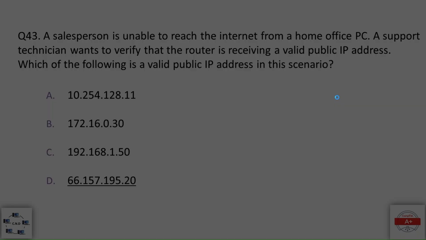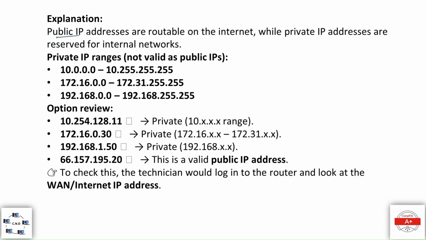Let's go through the explanation. Public IP addresses are routable on the internet, while private IP addresses are reserved for internal networks. So these are the private IP address ranges that are not valid as public IPs. The first range starts from 10, and you can also write this as 10/8 or 10.0.0.0/8.